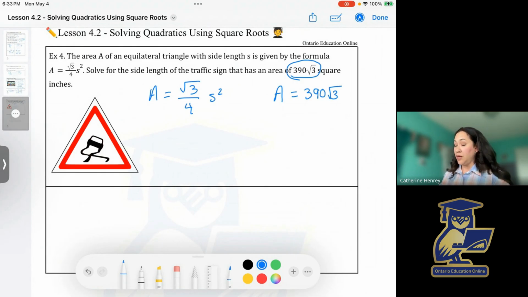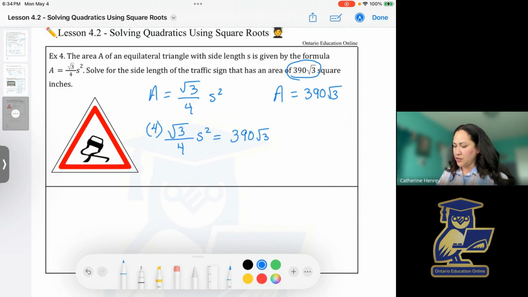So with elimination, basically, we have square root of 3 over 4 times S squared is equal to 390 times the square root of 3. We can go ahead and start to simplify. Let's multiply by 4.